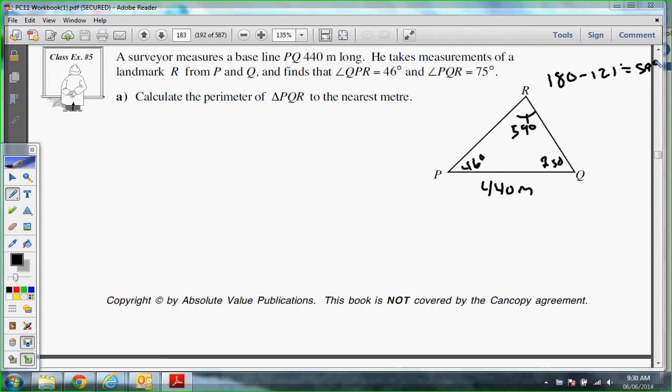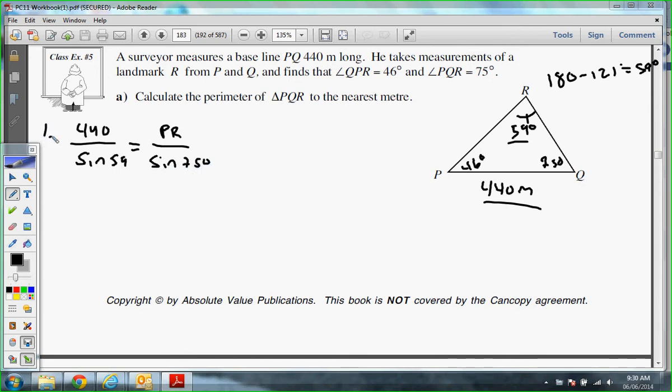Okay, so now we can do that, because we have one side in relation to the 59. We can find PR and RQ. So we're trying to find sides, so let's have sides on the top. 440 over sine 59 equals, we'll call it PR over, PR goes with sine 75.